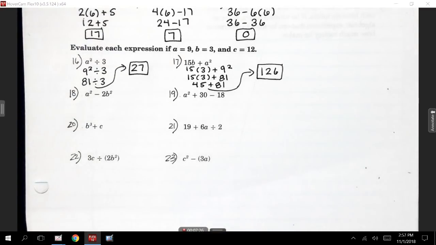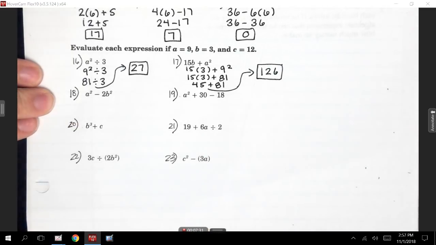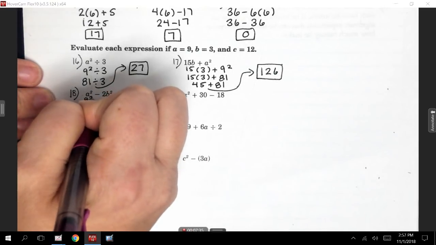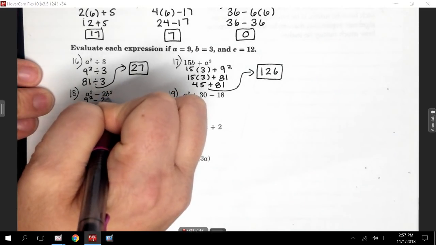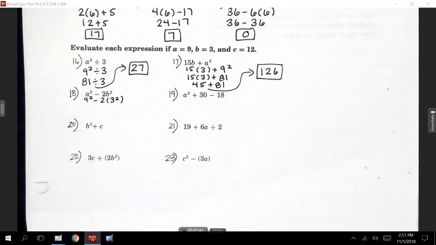All right, number 18 says a to the second power minus 2, b to the second power. So I have 9 to the second power minus 2 times b, which is 3 to the second power. Now, guys, you'll notice that exponent was next to the b, and I'm keeping it with the 3. I'm going to start working out the exponents first.